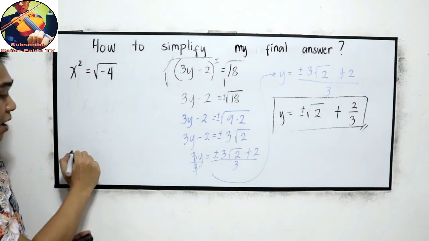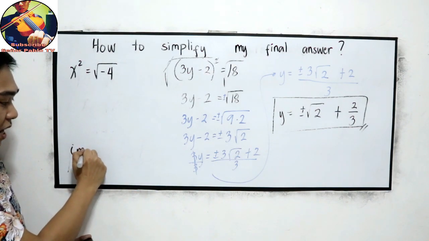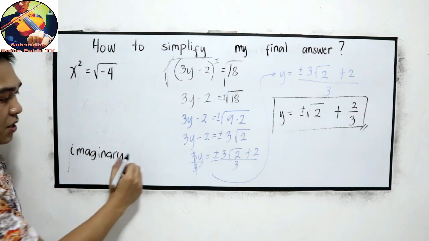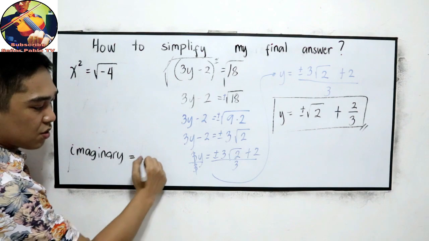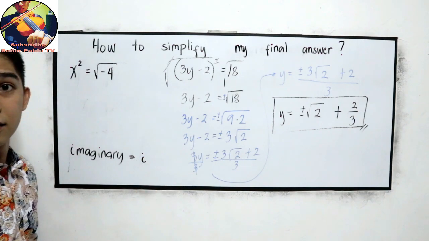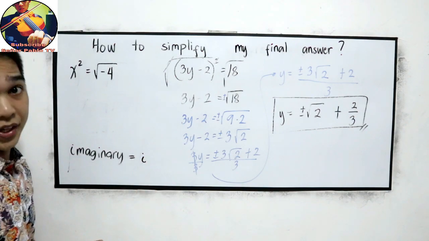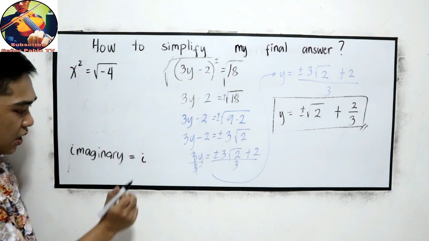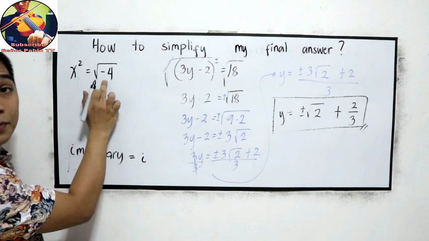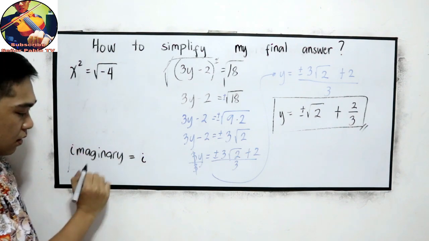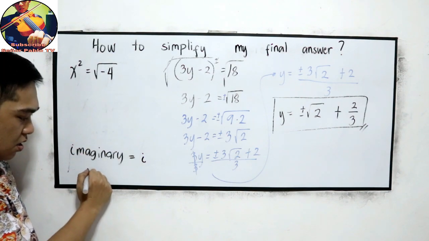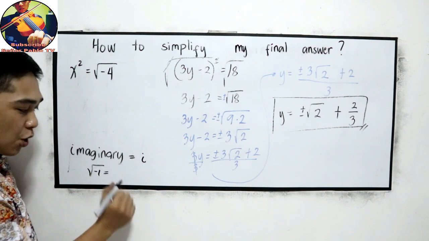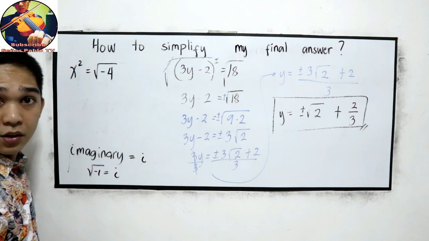This time we have what we call imaginary numbers. Imaginary, we use the symbol i. We're going to use this if we encounter a problem like this, because the square root of negative 1 is equal to the imaginary unit, i.